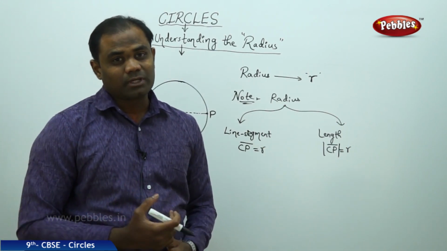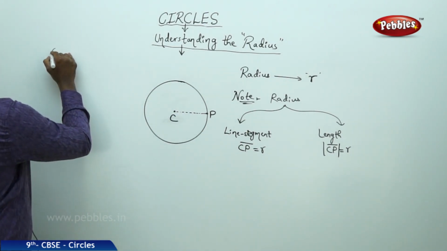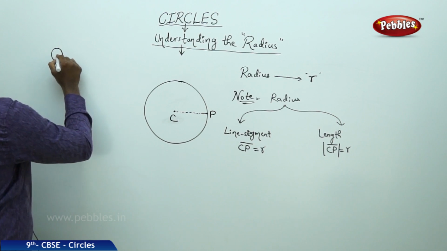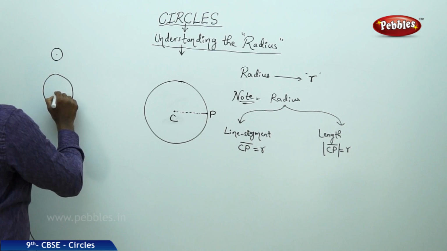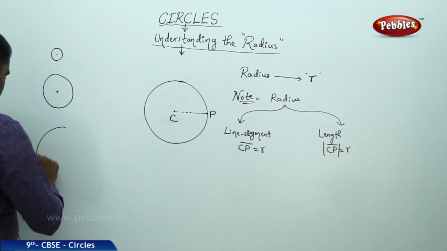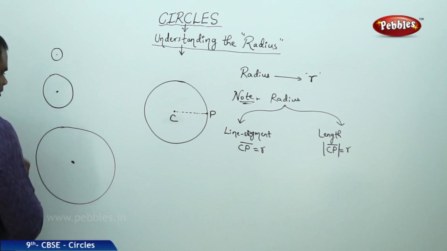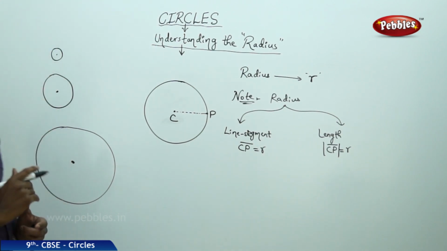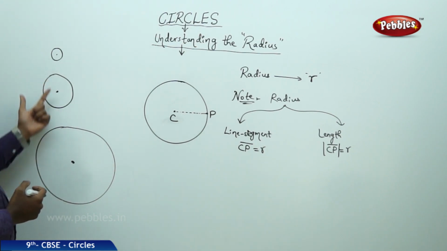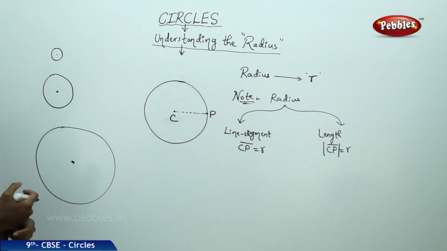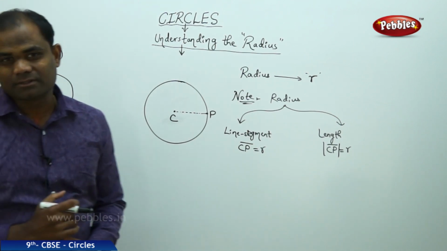And the most important understanding is, say for example, I take a circle and a circle. So what is the difference I identify between each of the circles? How do we identify these three circles? Clearly, I see that the radius of each of the circles is different.